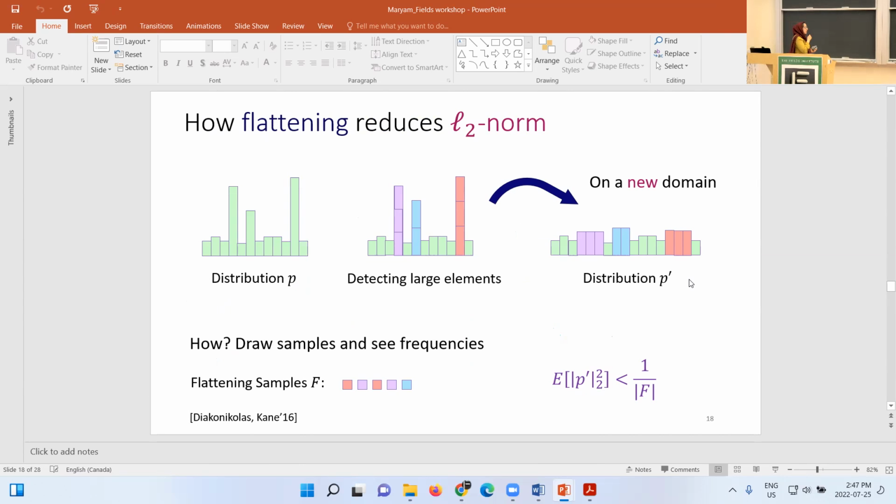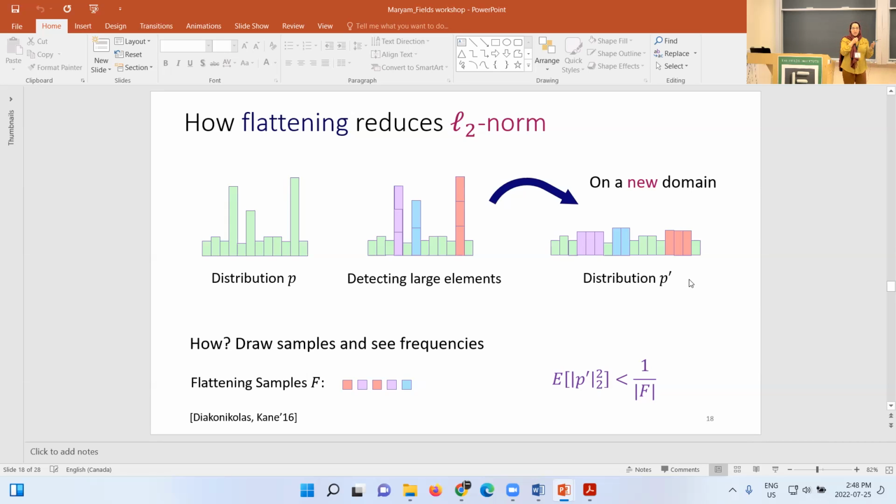The way it works is that we have a distribution P. We know that the elements that contribute largely to the L2 norm of the distribution are the large elements, like the elements with high probability. We draw samples, and using those samples, we detect what those large elements are, and we divide them into smaller sub-elements.